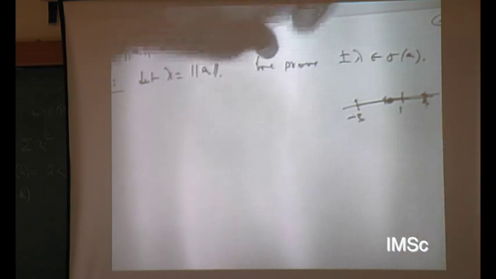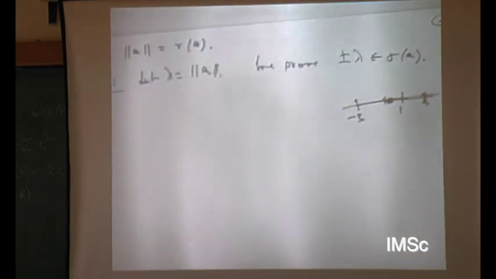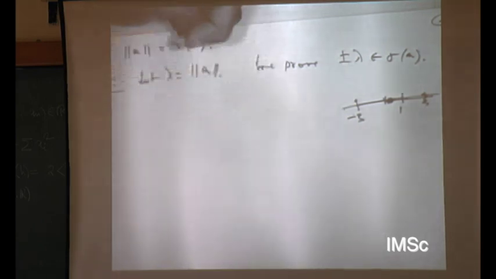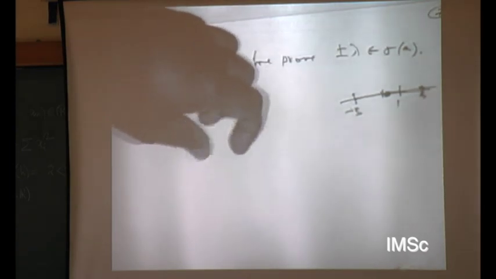A is positive. huh? A is positive. No, who said A is positive? Which is self-adjoint. It is self-adjoint, right? It's positive and self-adjoint. No, we are not assuming positivity.